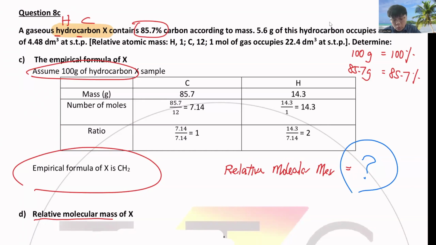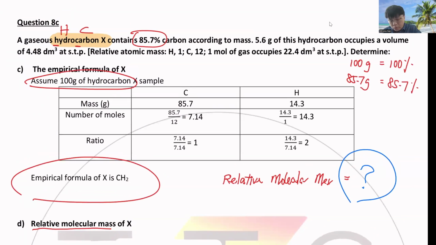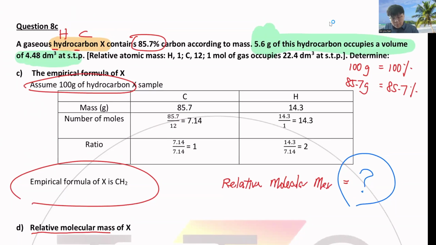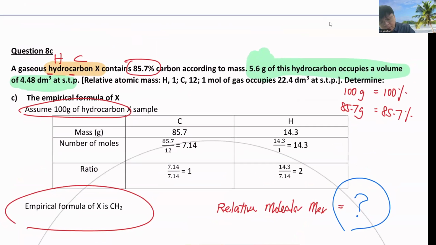They give you another clue: 5.6 gram of this compound occupies a volume of this. From here we know the mass equals to 5.6 gram, and at the same time the volume is 4.48 dm3.